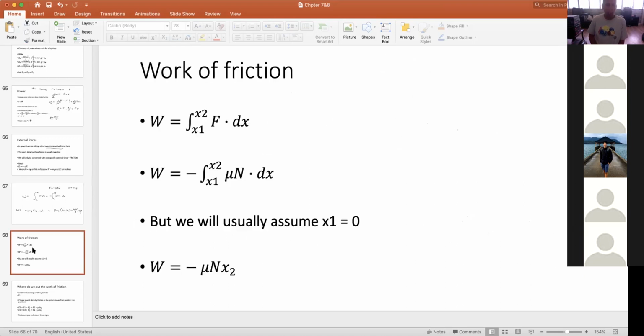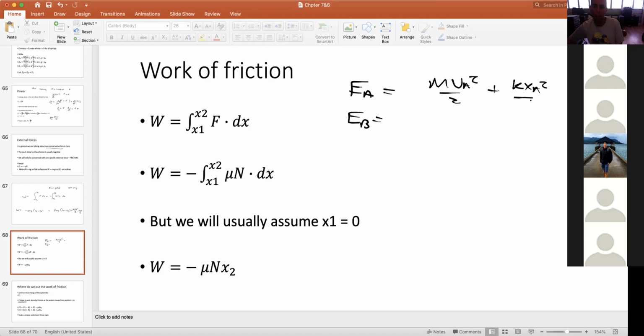However, there's a weird problem here with the fact that where do we put it? We said that EA, let's assume that there's a spring. So this is mvA squared over 2 plus kxA squared over 2, mvB squared over 2 plus kxB squared over 2.